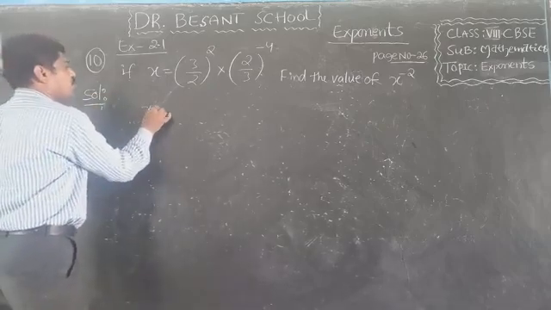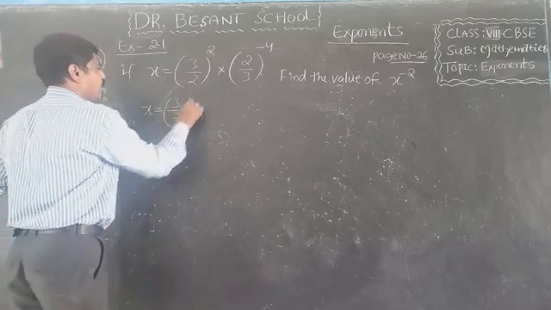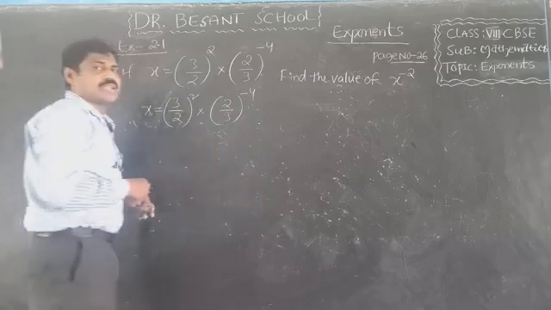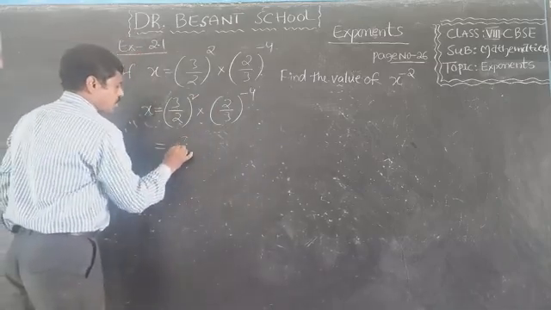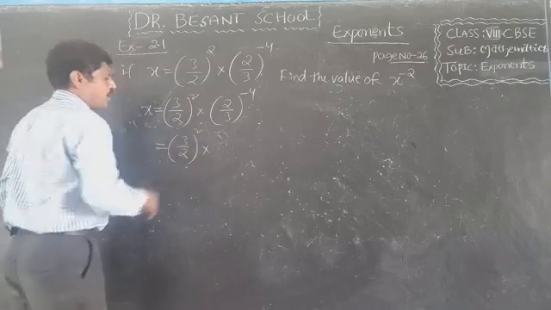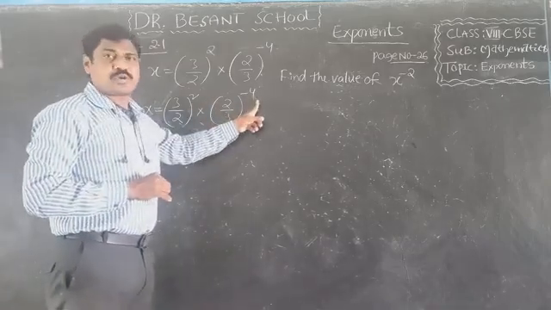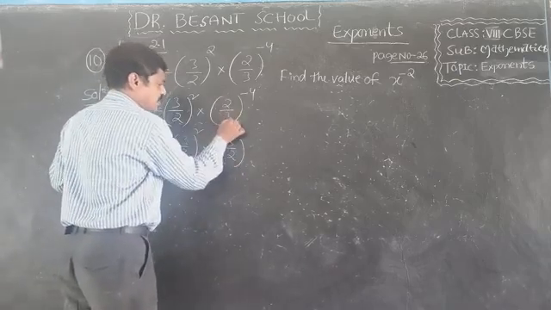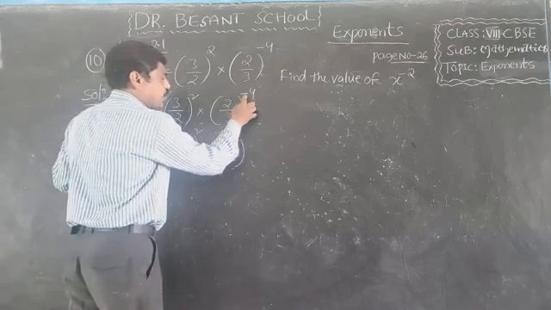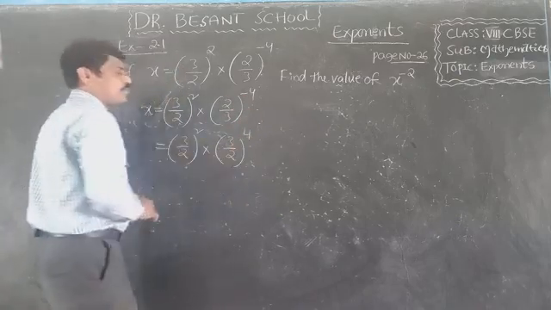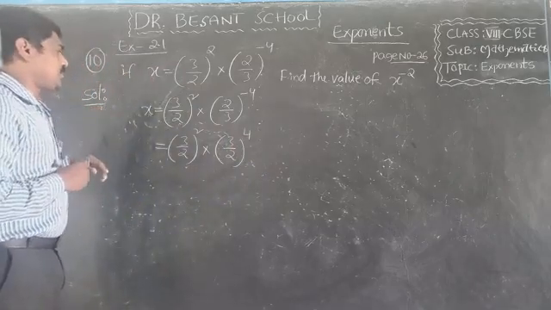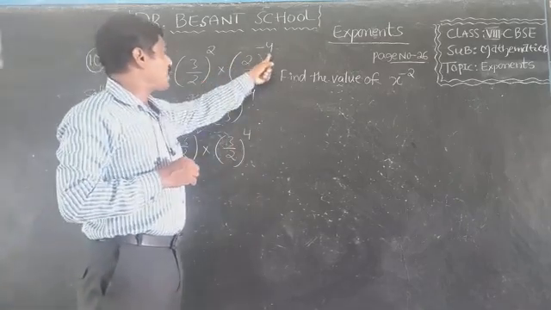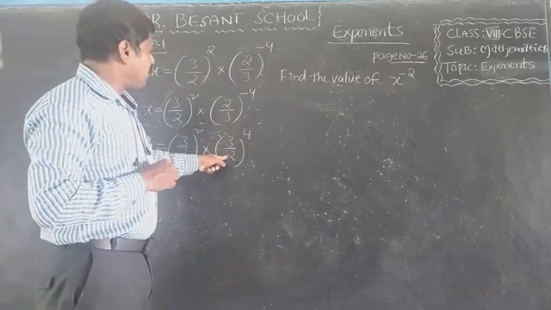Okay. x is equal to (3/2)^2 into (2/3)^-4. This one we can write as the reciprocal: instead of 2 by 3, I am writing 3 by 2.